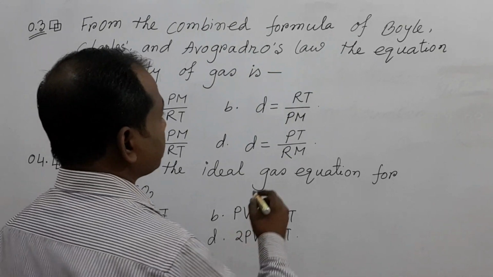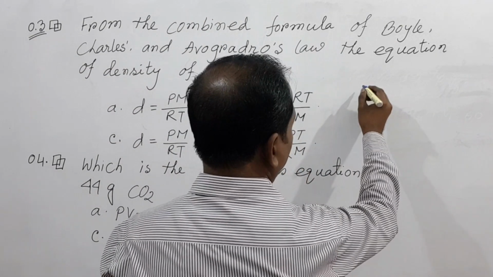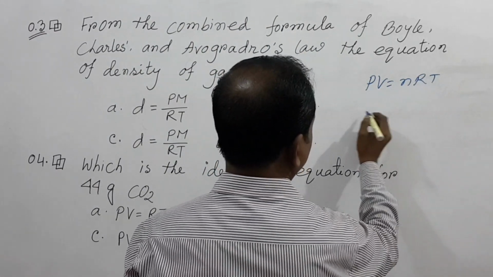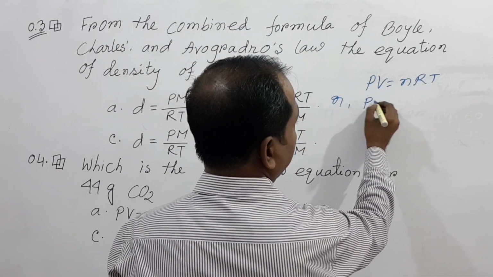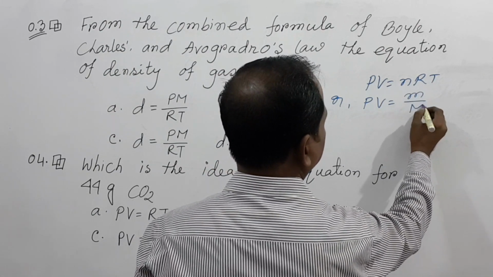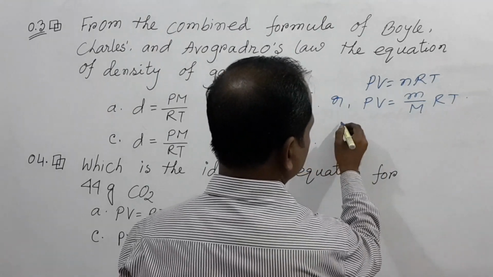My dear students, from the combined law, we know that PV equals nRT and PV equals m by M RT.